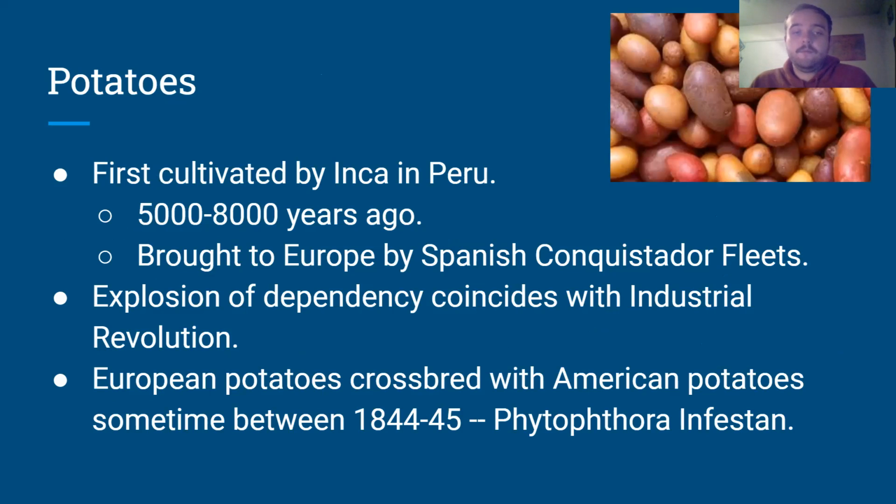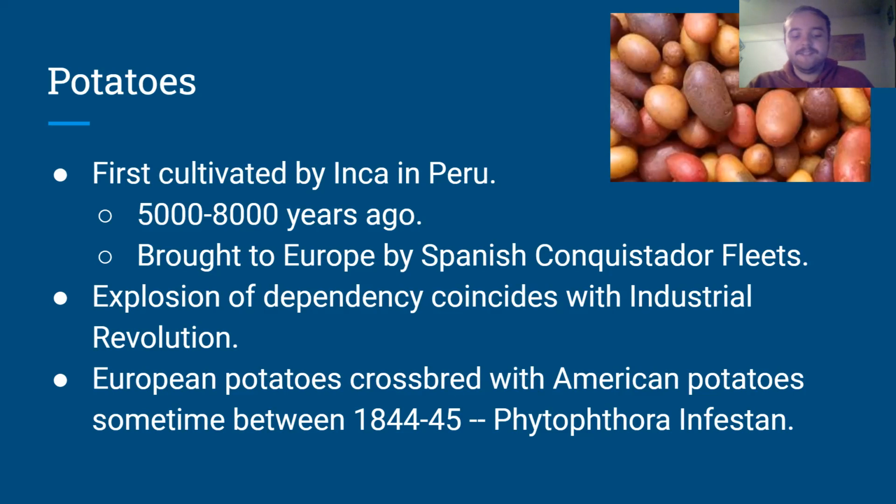It was crossbreeding of potatoes by European farmers sometime between 1844 and 45 that brought about Phytophthora infestans, and that would be the blight that affected all of these crops.